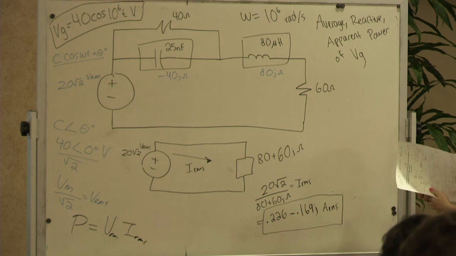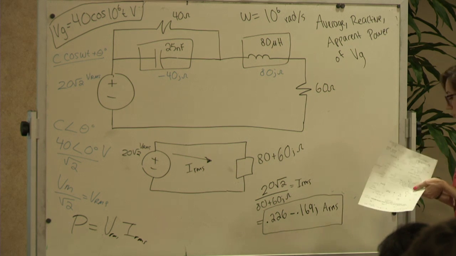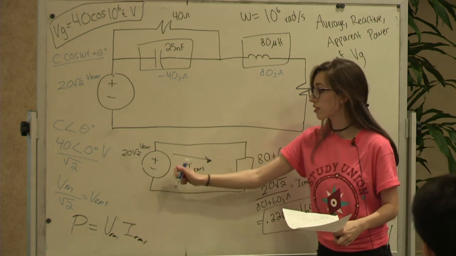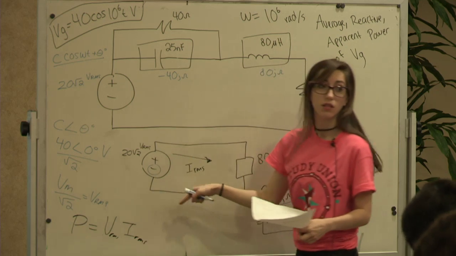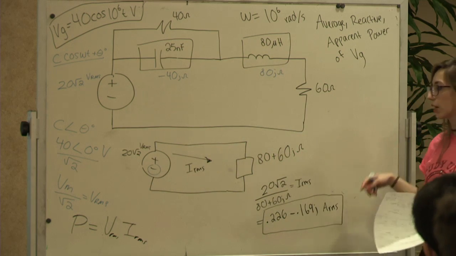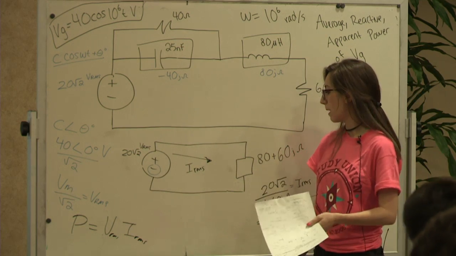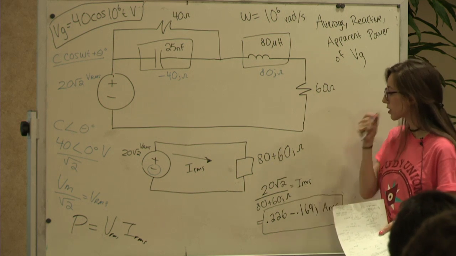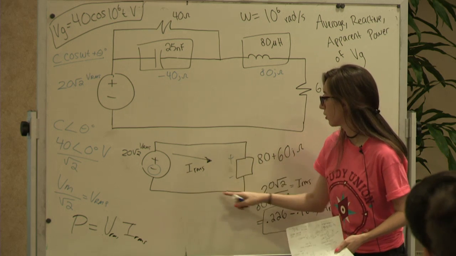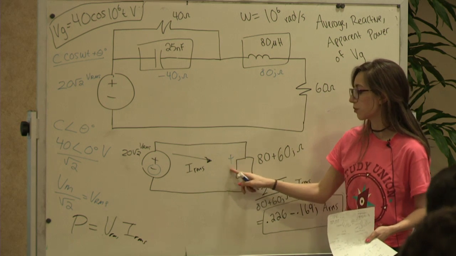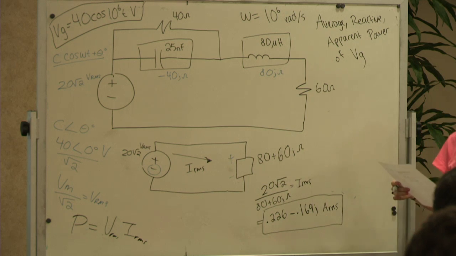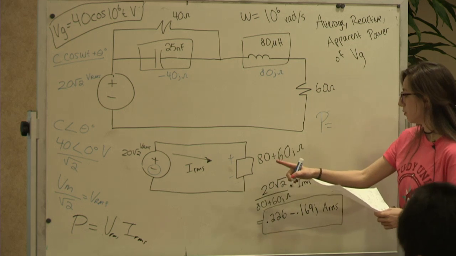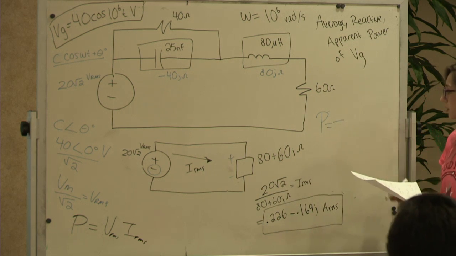So now, notice IRMS is hitting the negative, because we drew it that way. You could have likewise drawn it this way, and then you would have come up with the negative of this, because when doing Ohm's law, it would be going through this terminal. So you'd get the negative either way. So P equals V, so the negative of that.